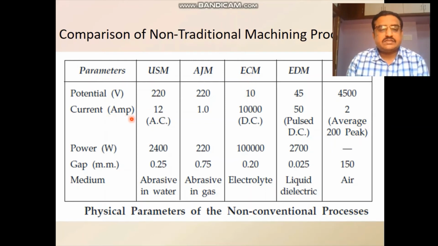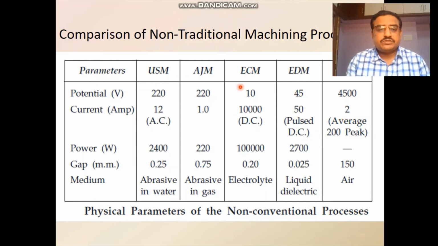And as far as current is concerned, USM requires 12 ampere AC current, AJM requires AC current with 1 ampere, but the electrochemical machining process requires 10,000 ampere DC current, whereas EDM is also DC current, and in laser beam any current can be used.